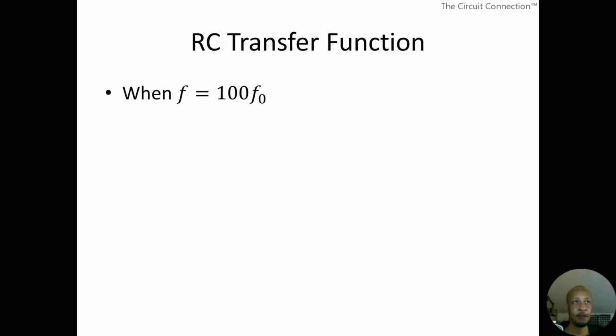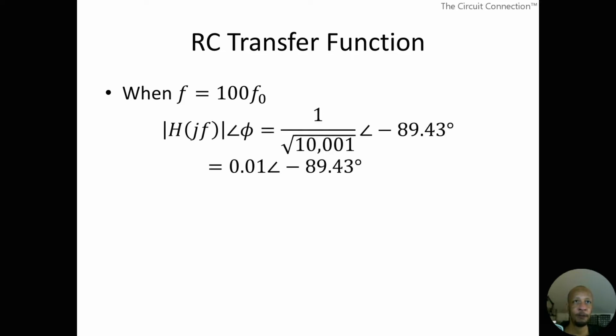When F equals 100 F0, you're going to have 1 over the square root of 10,001 at an angle of negative 89.43 degrees. You see how it's just about there at negative 90, but the trend shows that it's slowing down. It's like it's about to come to a stop at negative 90 degrees.